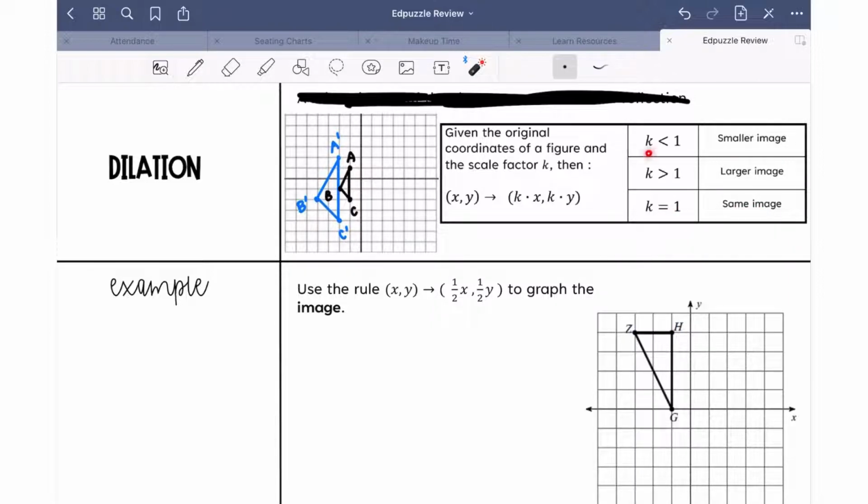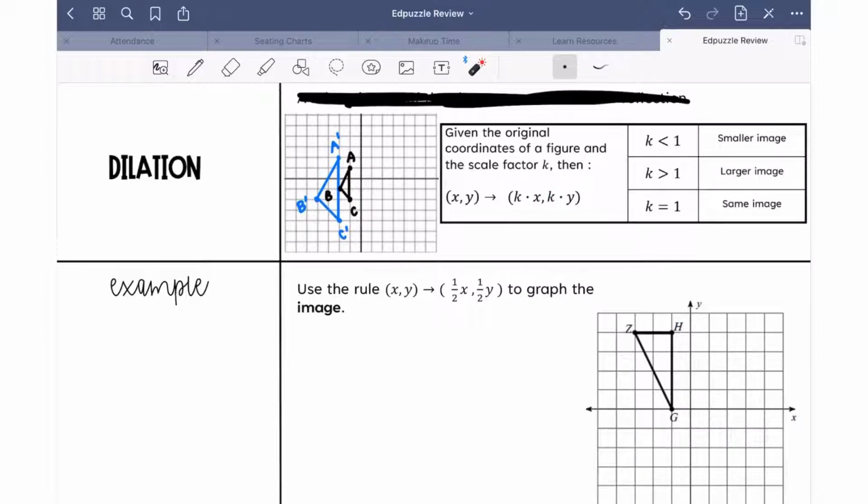If your K value is a number that is less than 1, so we said those would be like fractions, then you're going to get a smaller image after you transform it. If your K value is greater than 1, then you would get a larger image after you transform it. And when we do our mapping, our coordinate notation, we multiply the x and the y by that scale factor K.